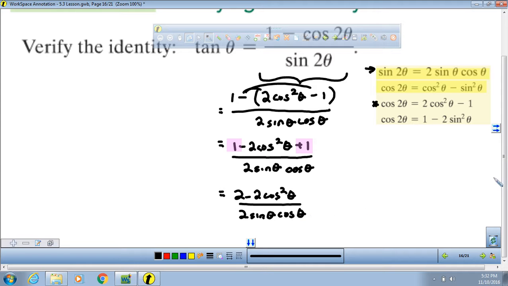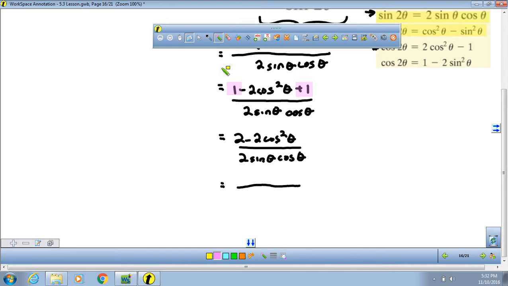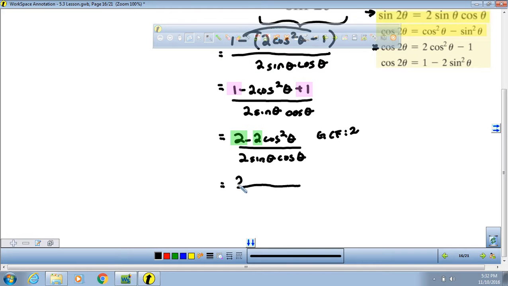Now, there is another special property here, from what we did before, that we can apply in the techniques of proving an identity. That technique comes from what we just did on the numerator. Look, factor. You see that we have a GCF of 2, so we can factor out a 2 from there, and we're left with 1 minus cosine square of theta.